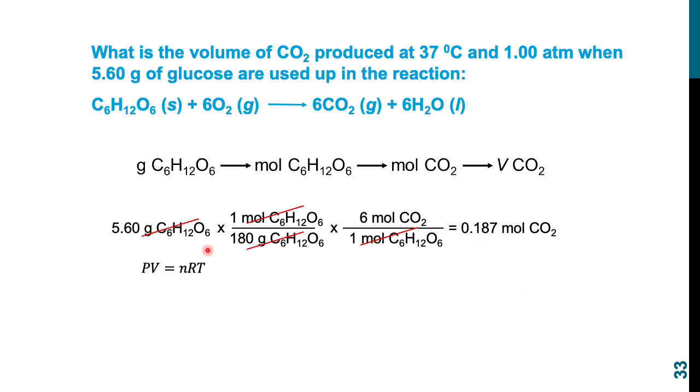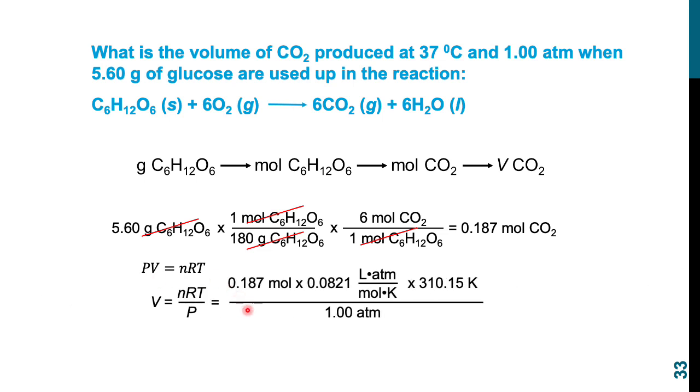And then if you calculate the number of moles, so you can calculate the volume. So you just use PV equal to nRT. So volume equal to nRT over P. And then substitute all the information to this equation. And here is 0.187 mole. R here is a gas constant. And then this one, temperature is from the 37 degrees Celsius. You need to change to Kelvin. Kenapa kena tukar?